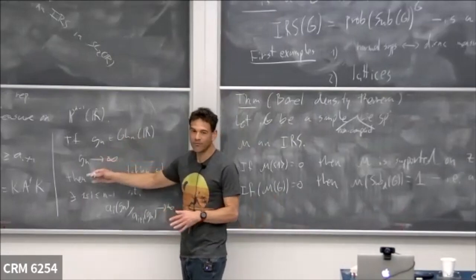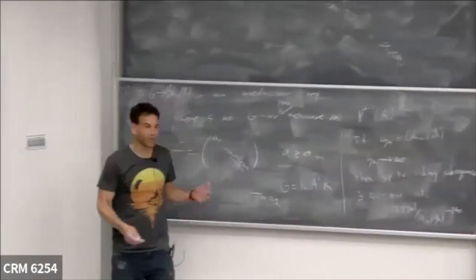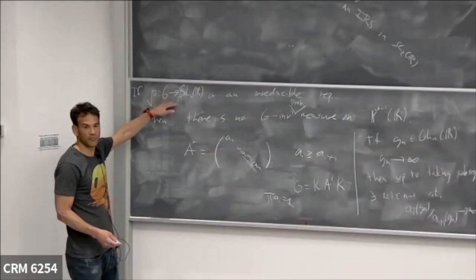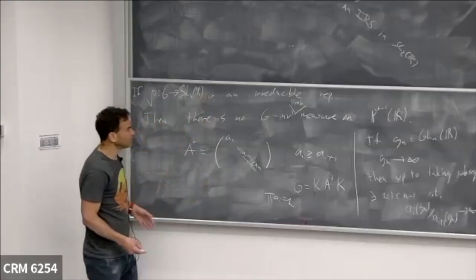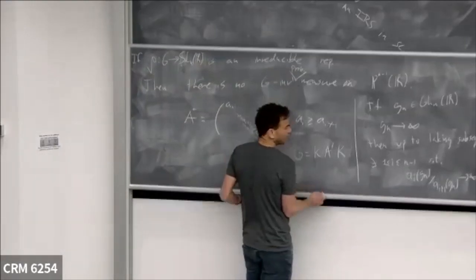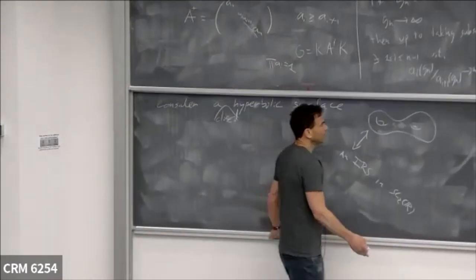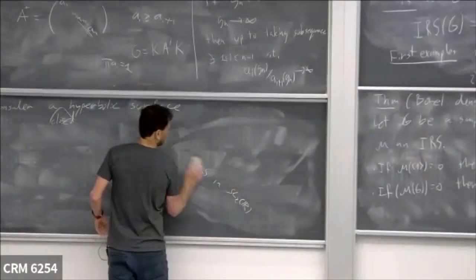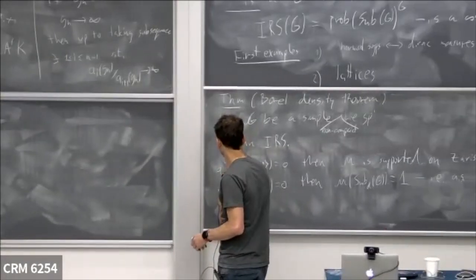Basically, the KAK decomposition tells us this observation of Furstenberg, that there is no invariant probability measure on projective space under non-compact irreducible subgroups, and from this we deduce the following. So we deduce that, because this implies the Borel density theorem. So this will be part A and this will be part B.